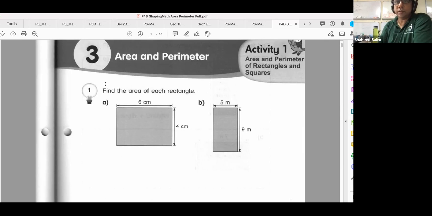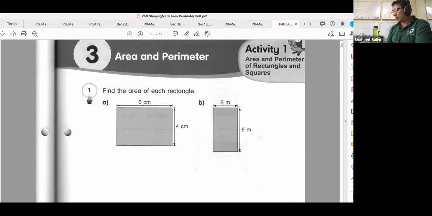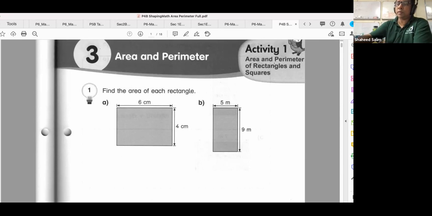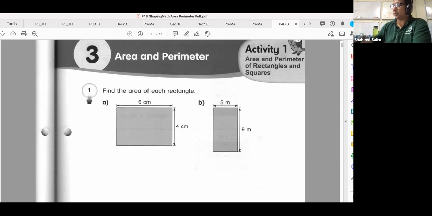Umaira, this is easy for you. Find the area of this. Send your answers, please. Some students send me by WhatsApp. You want by WhatsApp? No problem. By chat is even better, so I can check everyone's.